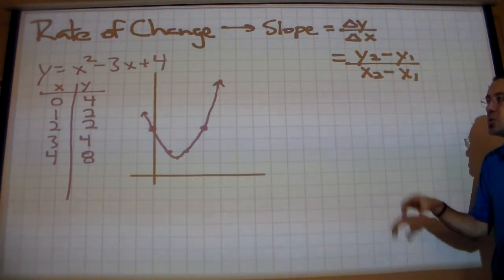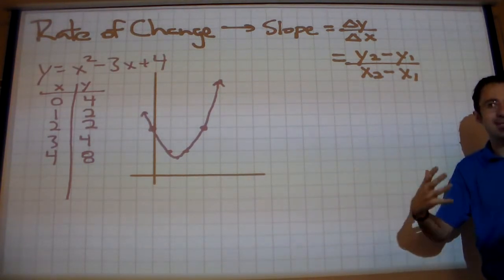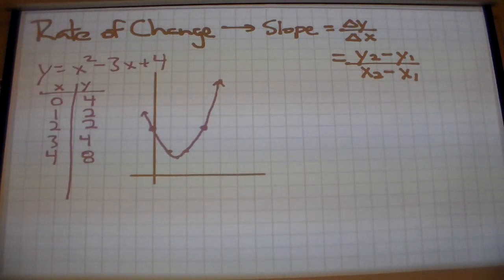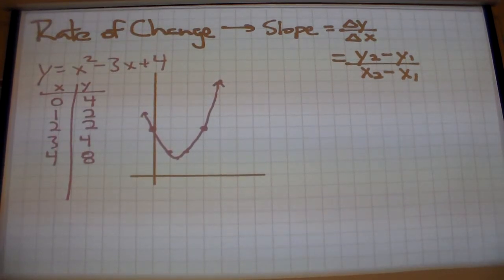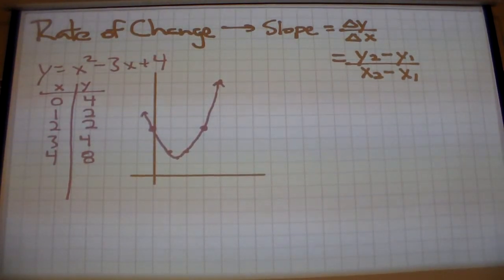What you need to be able to do is find the slope between 2 points and see how it compares to other intervals. So we're going to take those numbers and look at the differences in the slope. Call it the rate of change. Let's look between 0 and 1.